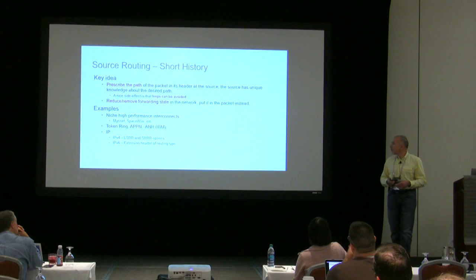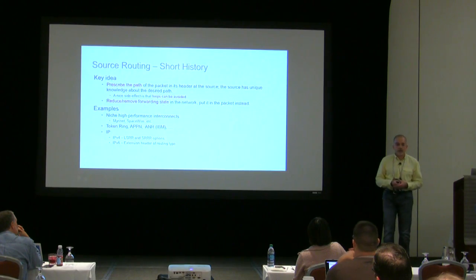IP itself has source routing mechanisms. In IPv4, there are these extension headers that got defined that allow a source of the packet to put a sequence of IP addresses over which that packet needs to be forwarded. And in IPv6, there's a separate extension header that is defined.